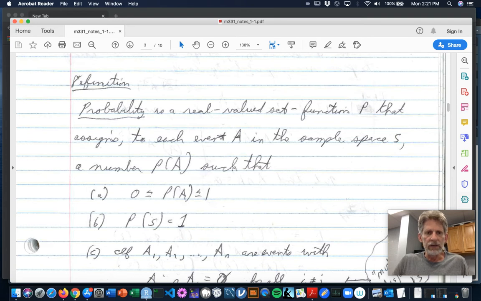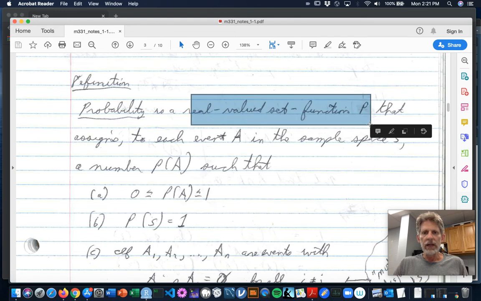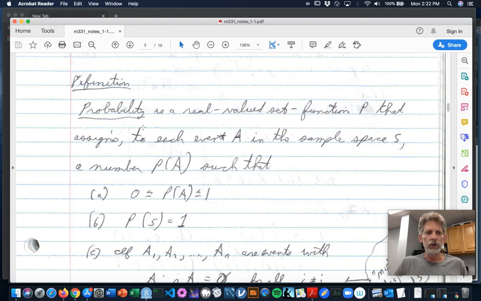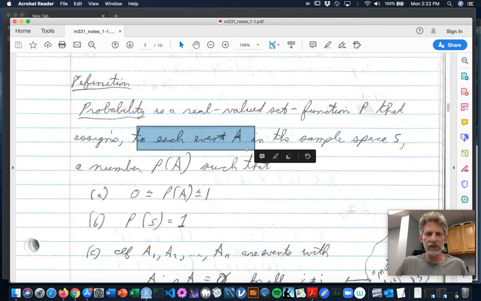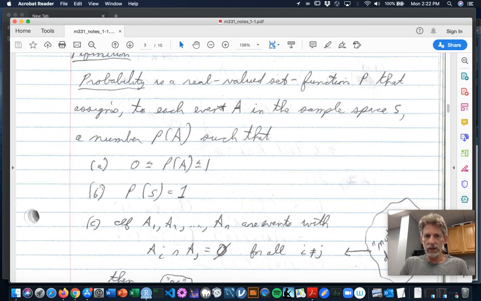Probability is going to be a real valued set function P that assigns to each event A associated with the sample space S a number P of A, okay? And then it's going to satisfy some conditions that we've got down later.